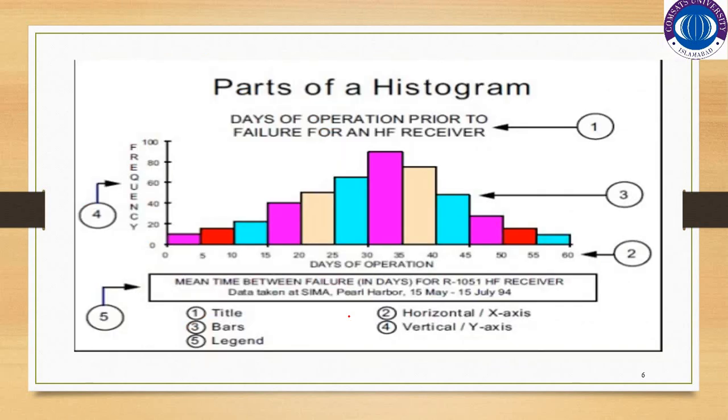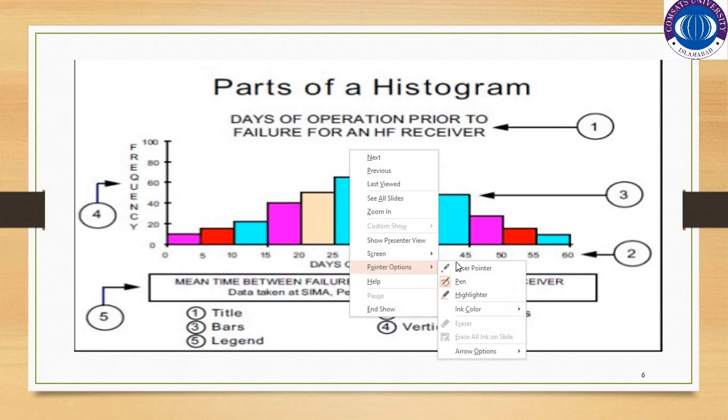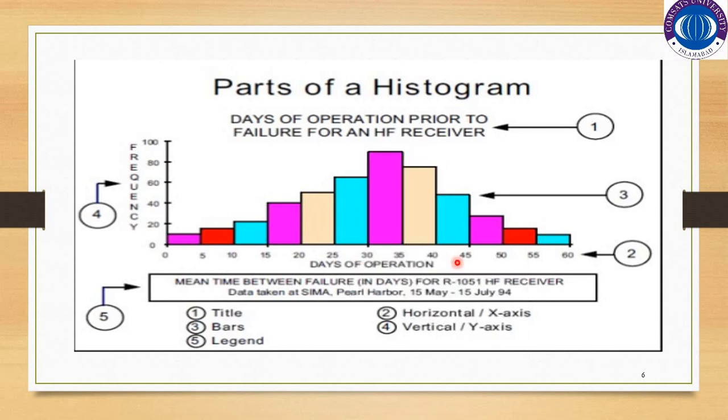Parts of a histogram: like we discussed in the previous lecture, we have a table, and a table has different parts like title, body of the table, categories, column headers. Likewise, we have parts of a histogram. So this very first part, days of operation. This is one particular example of some data, and we have taken its histogram.